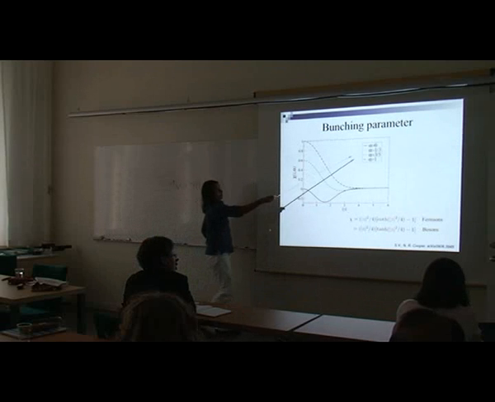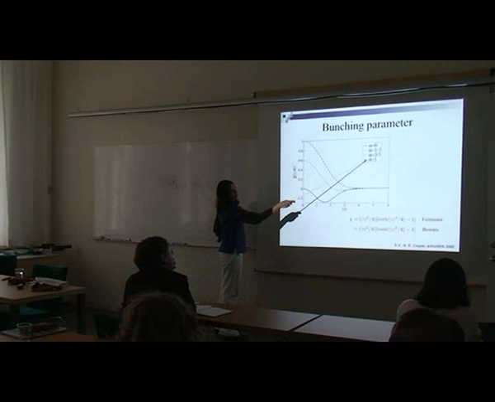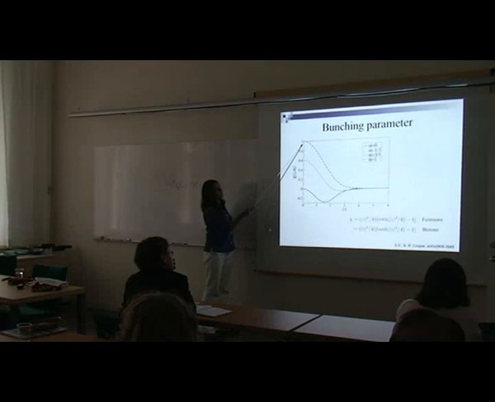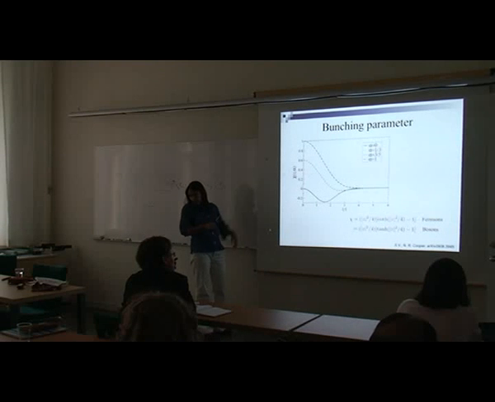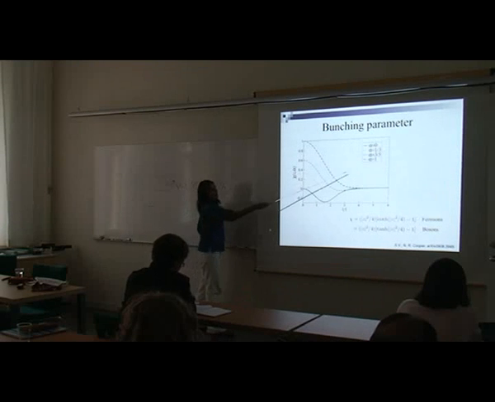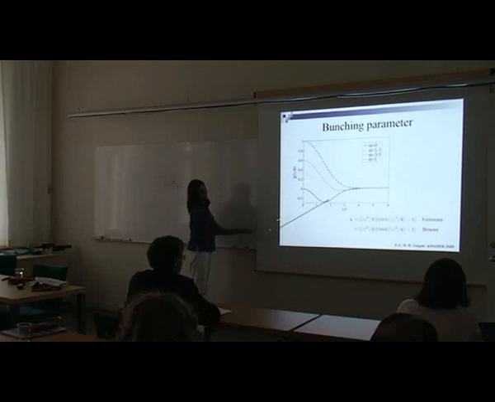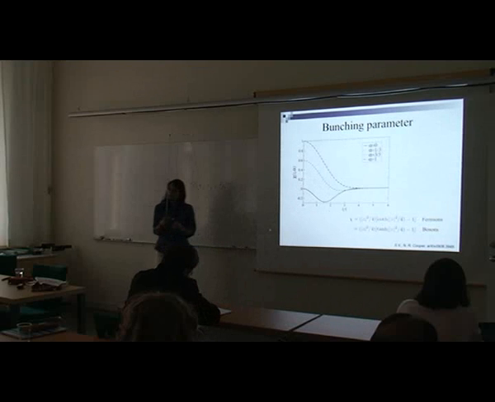On the other hand, for fermions, this quantity is always positive, which means that fermions are always sort of repelling each other. There's always an anti-bunching going on. Bosons are always negative, so there's always a sort of bunching that's going on.